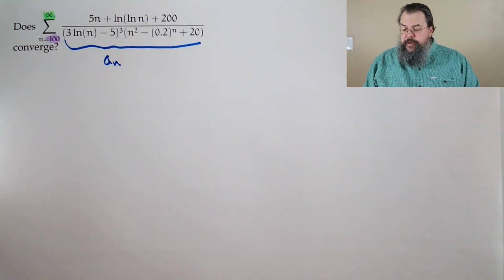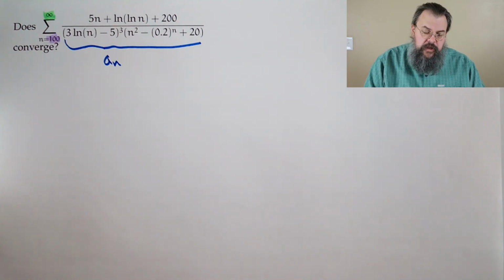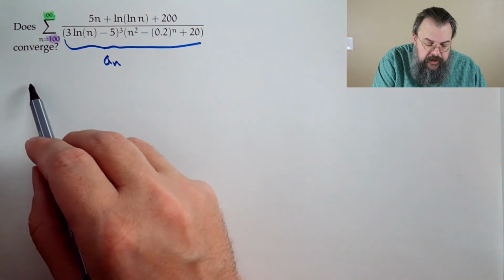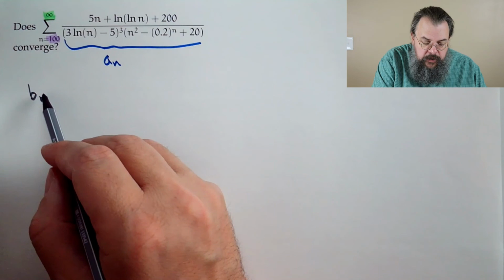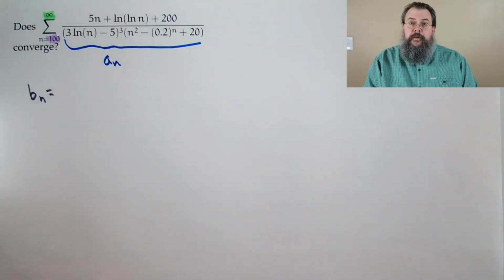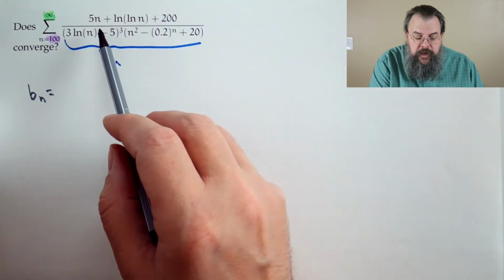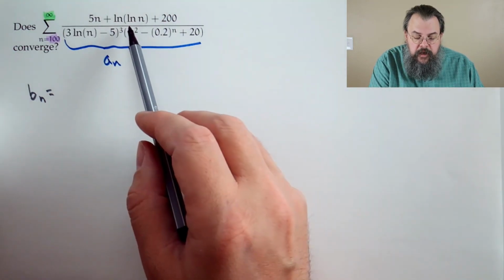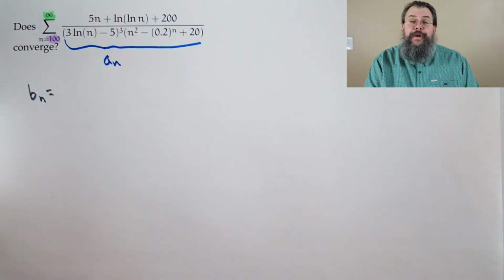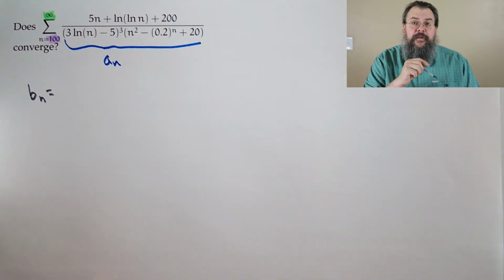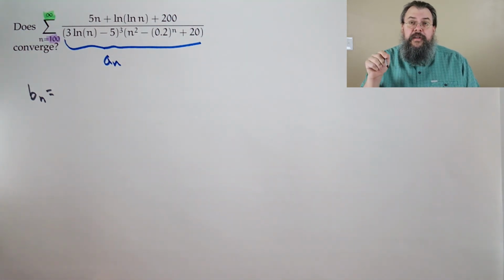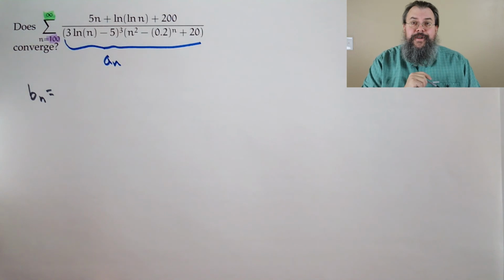So, how do we start? Well, what we do is we go through and we remove anything that's being added or subtracted. We say, okay, what's the dominant part? So, let's start with the numerator. We have three things, 5n, log n, and 200. Between these three things, which one is bigger, the 5n, log n, or the 200?